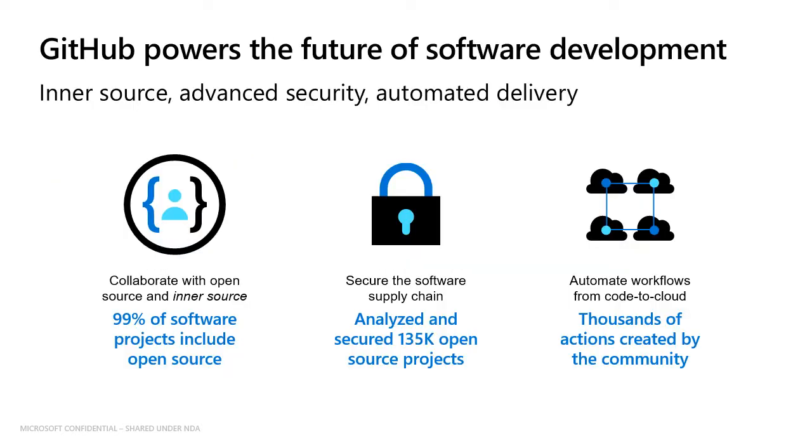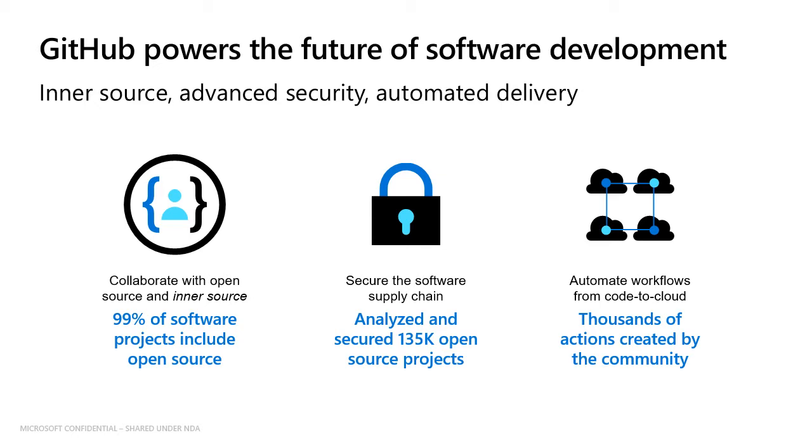We'd like to say that GitHub powers the future of software development. This is part of the reason, I guess the majority of the reason, why Microsoft acquired GitHub in the first place, because we have seen that the approach to community and the concept behind GitHub is very sound and is going to be the future of software development.